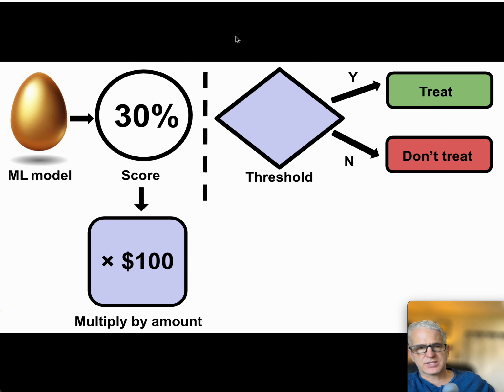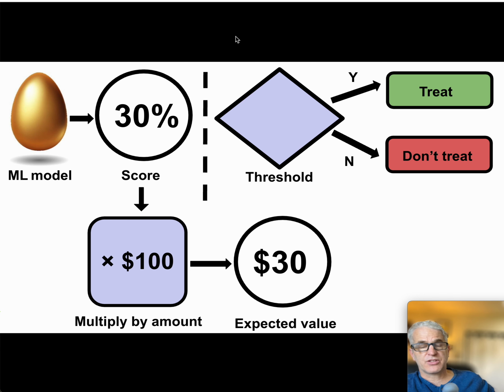Let's multiply it, in the case of fraud detection, by the size of the transaction. So if it's a 30% chance it's fraud, multiplied by the size of the transaction, $100, it's got a $30 expected value. The expected upside of blocking it, the expected downside of not blocking it, would be $30. So the expected savings, the upside of blocking it, would be $30.